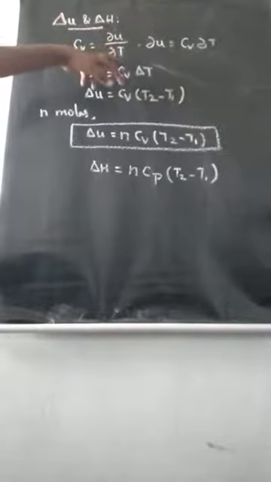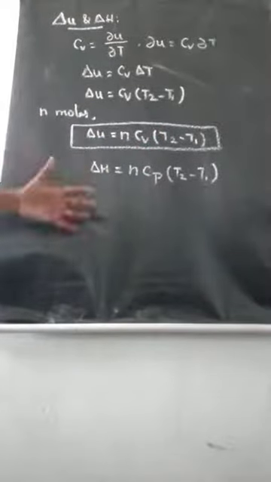How we can calculate this? First you know the heat capacity at constant volume formula, delta u by delta T. From this, delta u means Cv into delta T. Delta T formula is T2 minus T1. If you are taking n moles of ideal gas, the formula is delta u is equal to n into Cv into T2 minus T1.